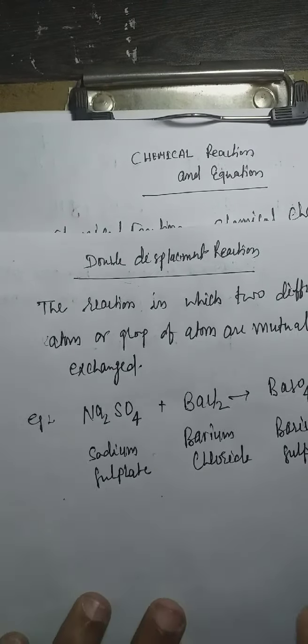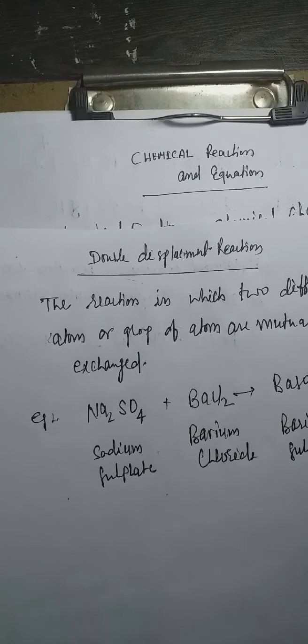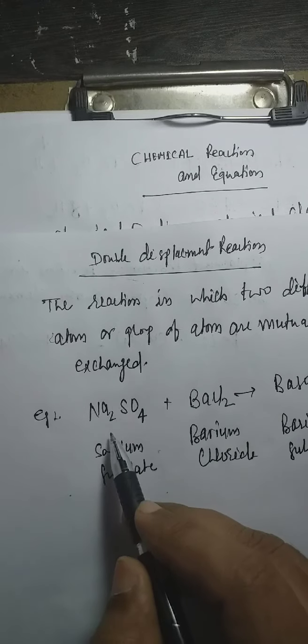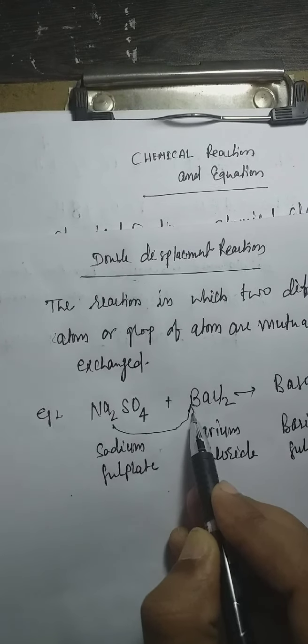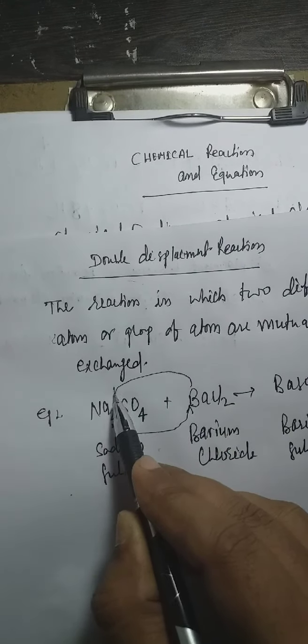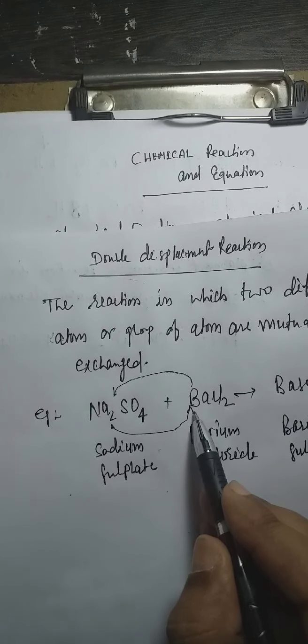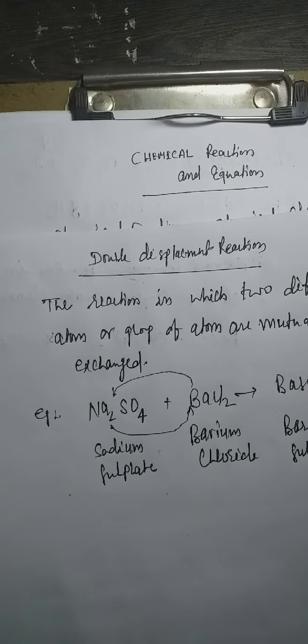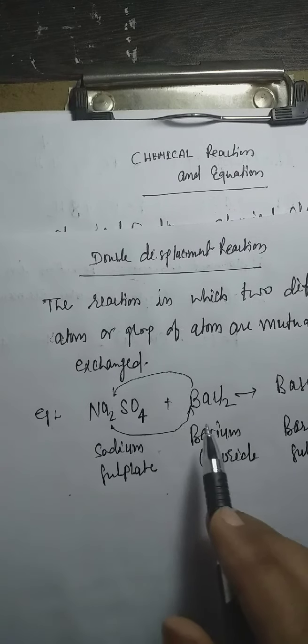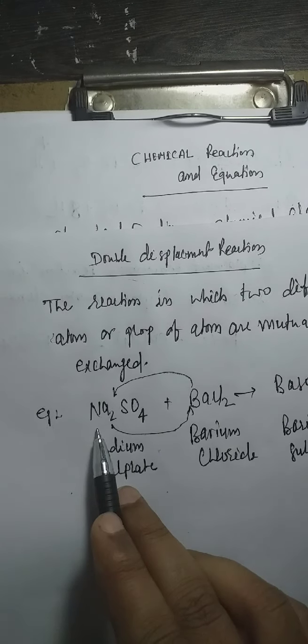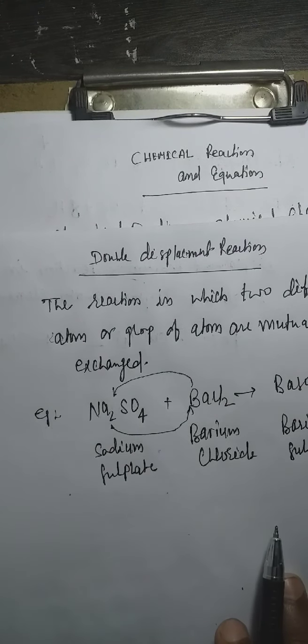So what are we watching? Na2SO4 reacts with BaCl2, and they are going to exchange. They mutually displace one place to another. Barium comes in this position and sodium is exchanged to the other position. So the compounds get formed, with one cationic part exchanged with the other cationic part.